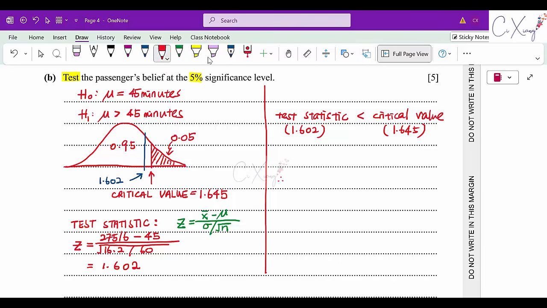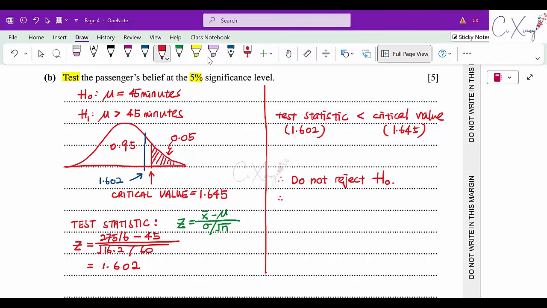Therefore, you can make a conclusion from the diagram. It falls under the acceptance region, and we do not reject the null hypothesis. Then after that, please make a conclusion in the context of the question. If you do not reject the null hypothesis, it means the passenger belief is not correct.